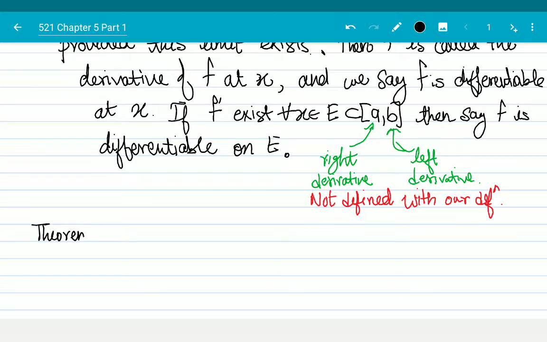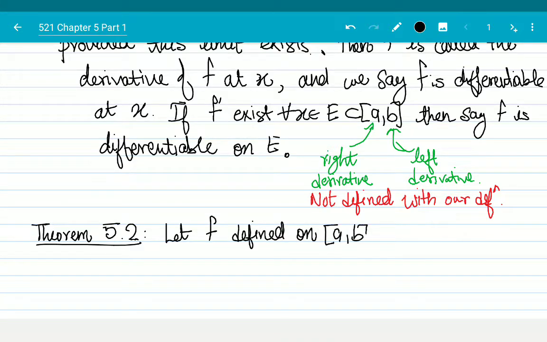Theorem 5.2. Let f be defined on [a, b].